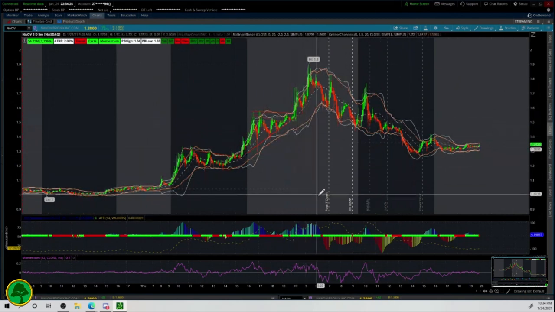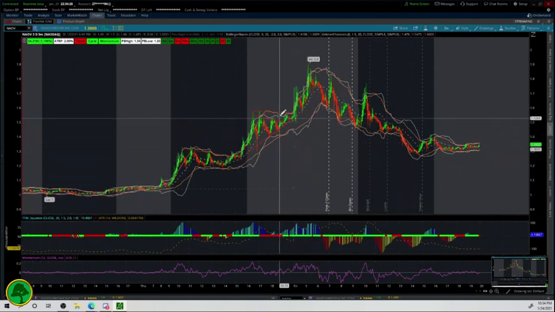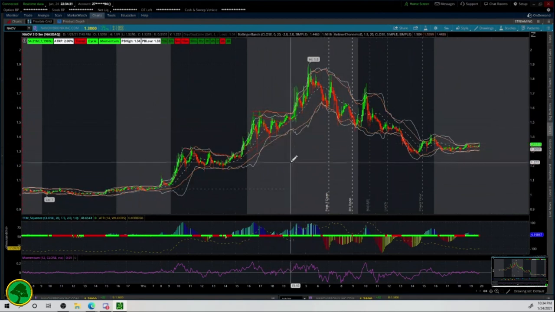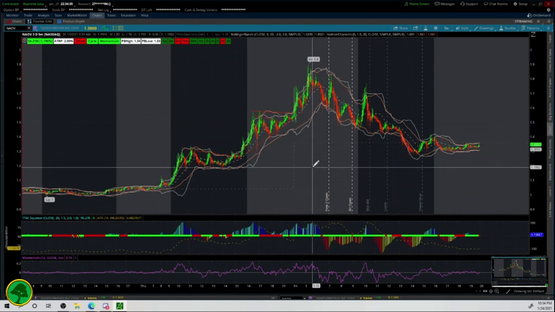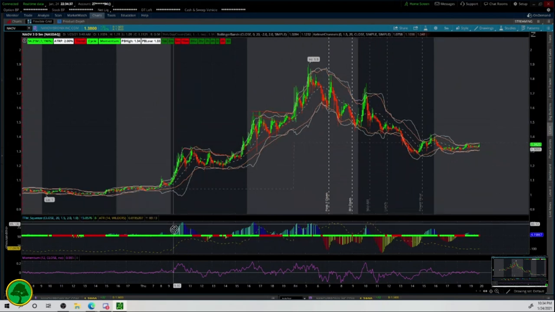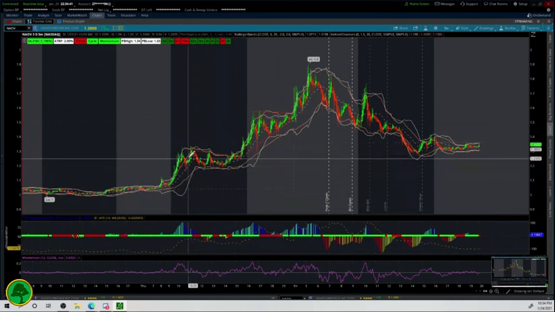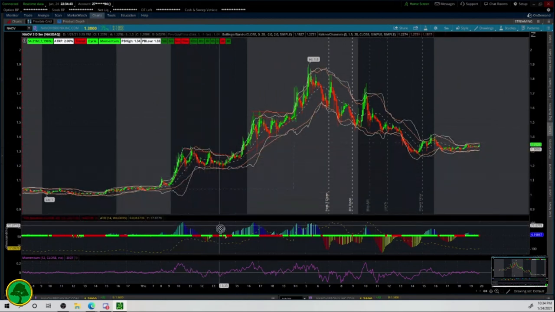He uses Webull, so he doesn't have the squeeze, but he understands the squeeze. He understands the Bollinger Bands and the Keltner channels and how that seems to work. Basically, those gray lines that you see, that's the Bollinger Bands. Orange lines are my Keltner channels. So when the Bollinger Band goes inside the Keltner channels, it's squeezing.